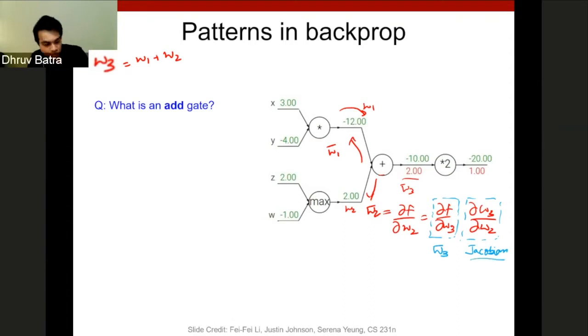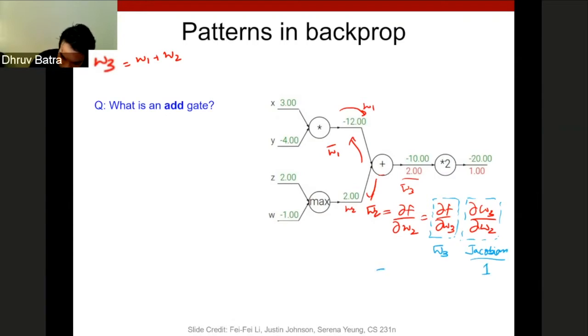I can pause a couple of seconds. What is the partial of w3 with respect to w2? It's a simple answer. 1. Yes, 1 is correct. Thank you.